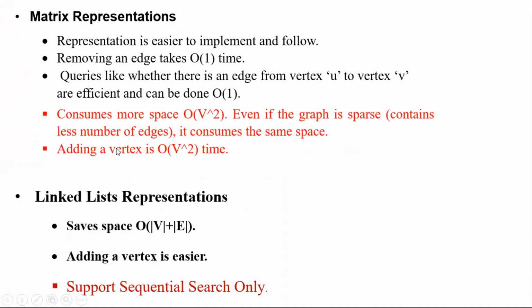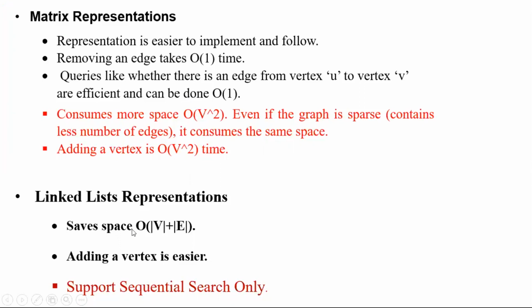Here is a comparison between the matrix representation and the linked list representation. Linked list representations are used to save space. In the matrix, the space complexity is V square, where V is the number of vertices or nodes.